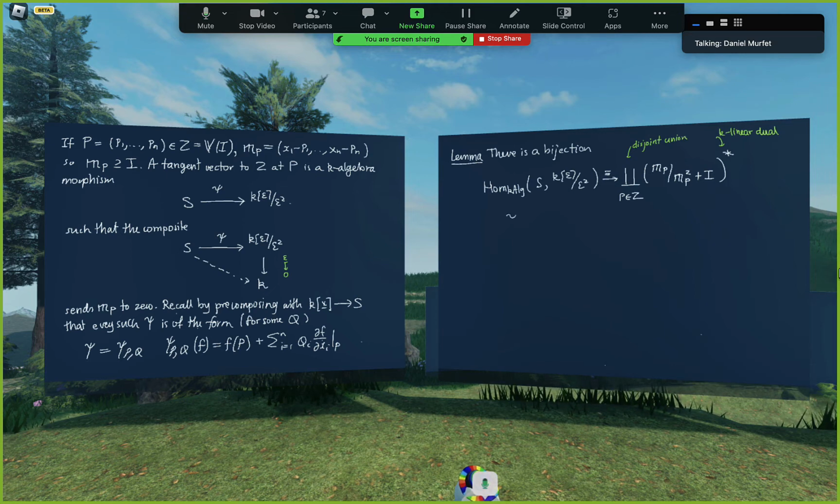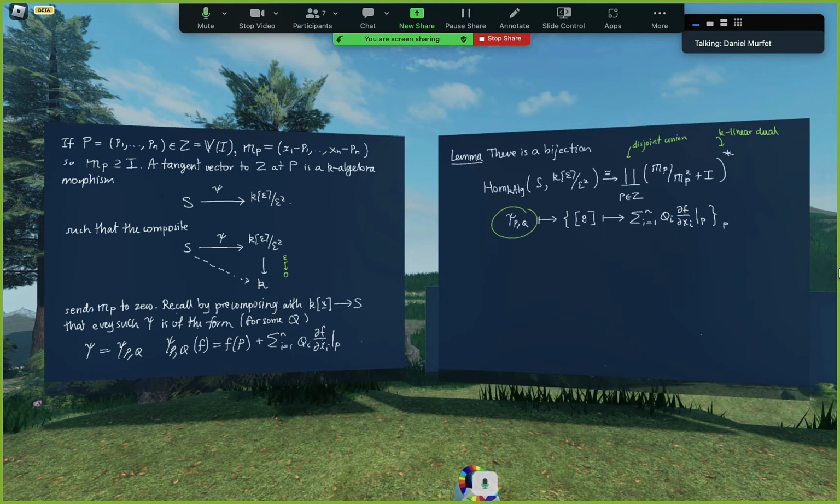And the map sends psi_{p,q} to the function that takes a g, labeled with the p. Let's not worry about that. So it's what I just wrote out.